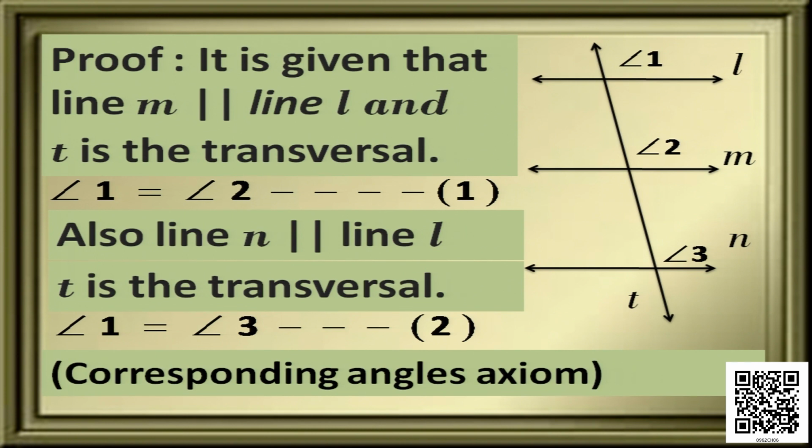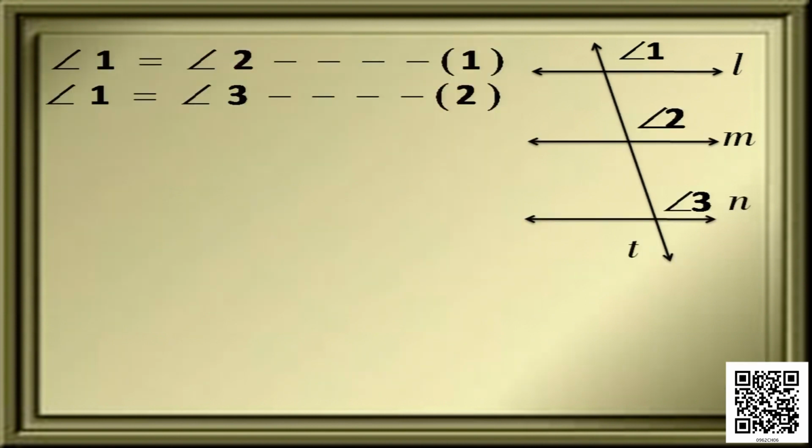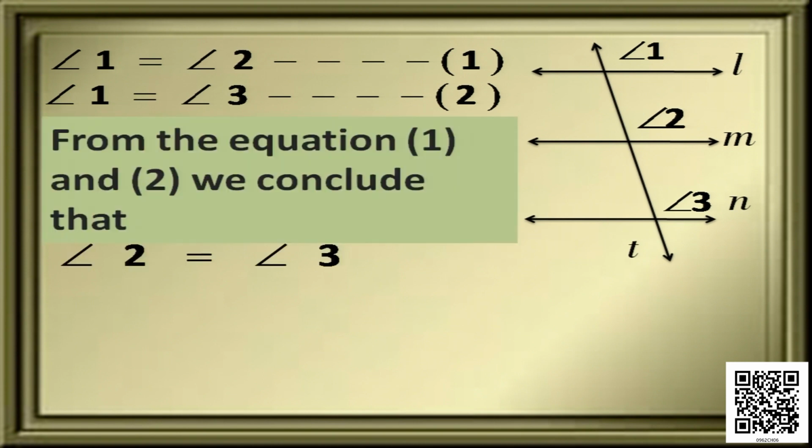So we have two equations: equation 1 shows that angle 1 is equal to angle 2, and equation 2 shows that angle 1 is equal to angle 3. From these two equations we conclude that angle 2 is equal to angle 3.